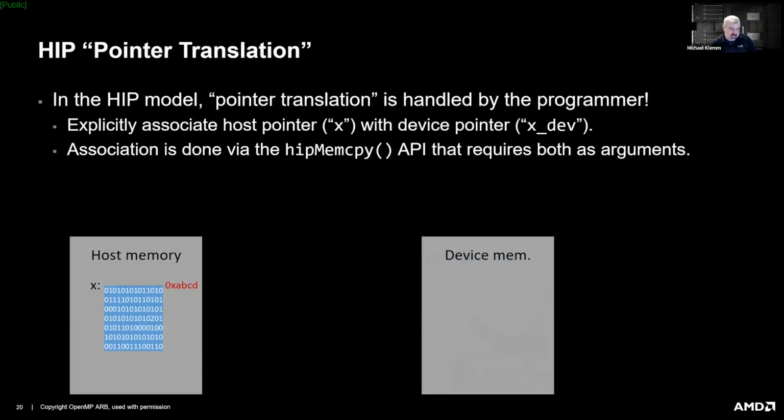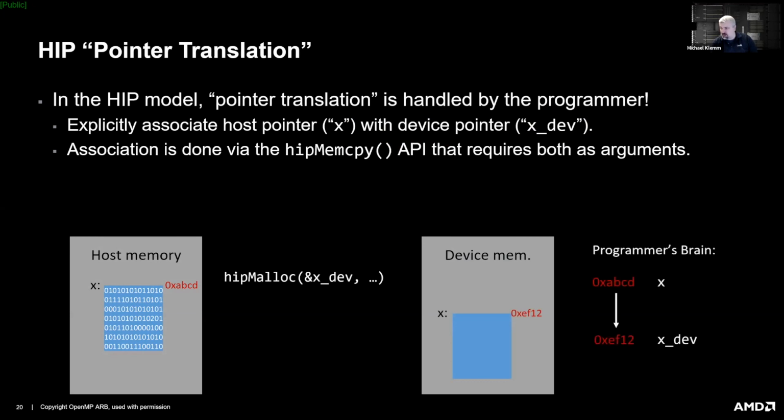HIP pointer translation actually works by tapping the programmer's brain. So you have a convention, at least I do, where X is the host pointer and X_def is the corresponding object, but now the device version of that. And then in my brain, I'm connecting X and X_def via the hipMemcpy API that requires both as an argument. So if you do the hipMalloc for X_def, you get this buffer.